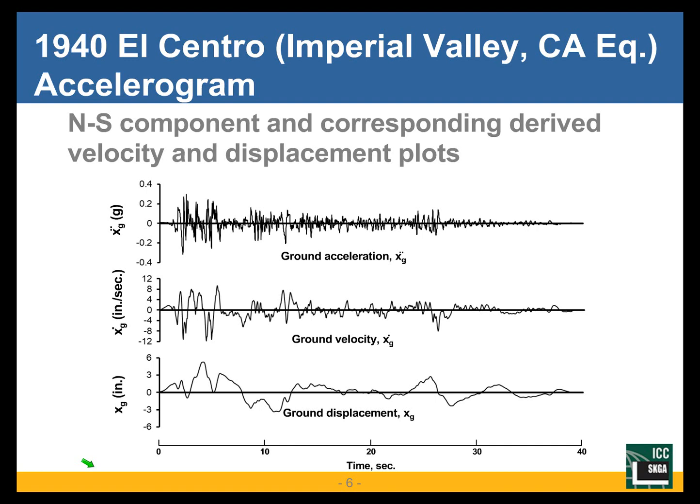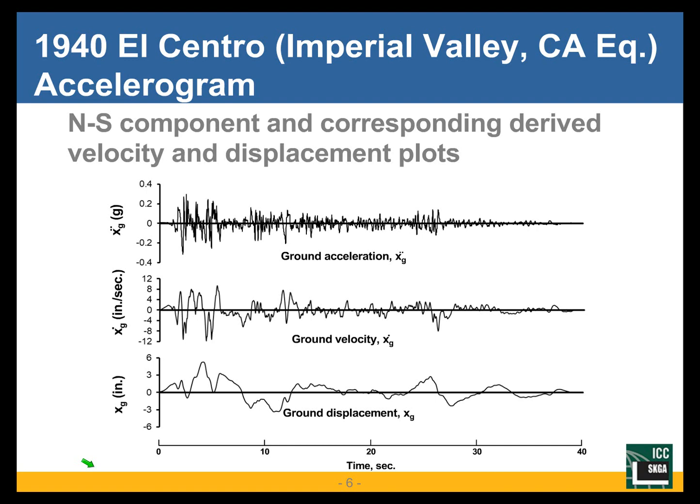So ground accelerations are recorded in 2 orthogonal horizontal directions and in the vertical direction. So 3 components, if you like, of ground acceleration are recorded as a function of time.